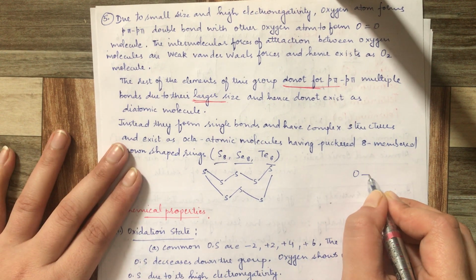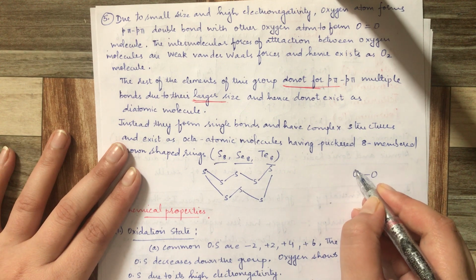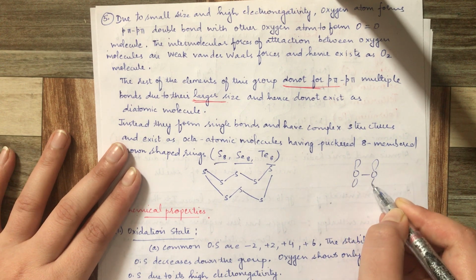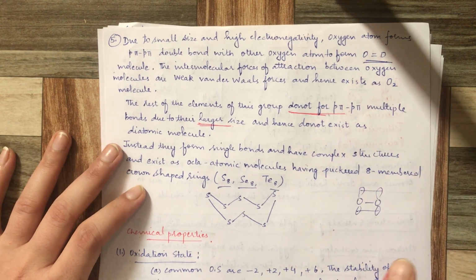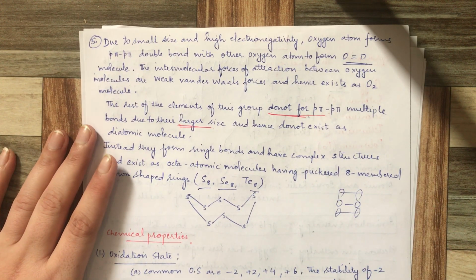See, between oxygen and oxygen, this sigma bond is formed. The leftover p orbitals can easily overlap because their size is small, and they can form an oxygen double bond oxygen, right? So a p pi bond will be formed.